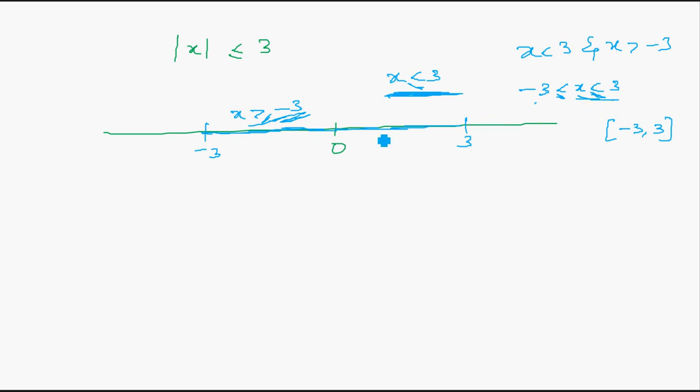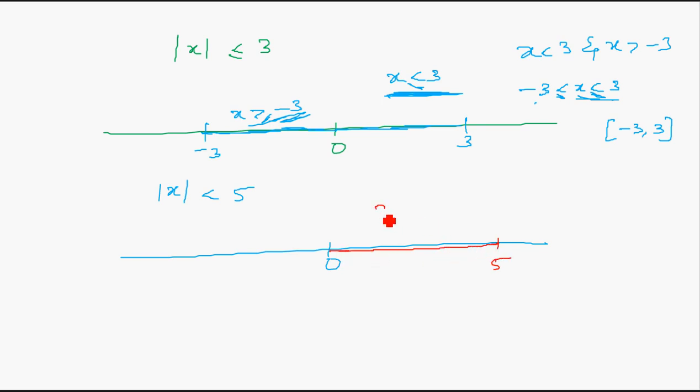Okay, so one more example and we will go to the next property. When you say mod x is less than 5, here I am not using equality. So what all numbers will come? This is the origin. So all numbers from plus 5 to 0, including plus 5, so x less than or equal to 5, and all numbers greater than minus 5, that is this region. So x is greater than or equal to minus 5. The closed notation can be written minus 5 less than or equal to x. Sorry, again a mistake.